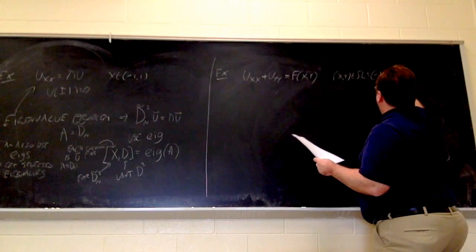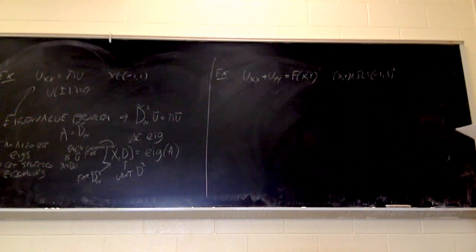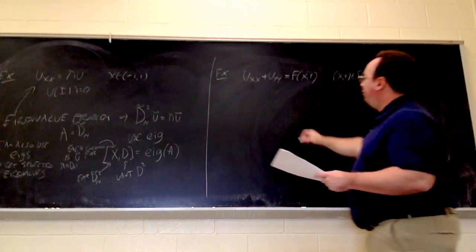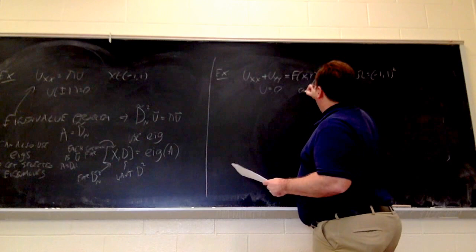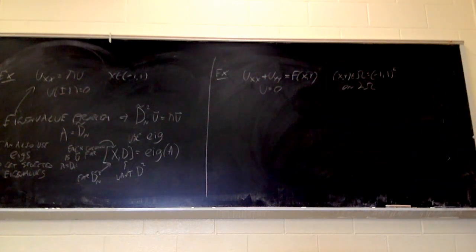So the domain is the square minus 1 to 1 squared, and then homogeneous Dirichlet boundary conditions: u is equal to 0 on the boundary. I have a strange choice of function here, but for this discussion, it doesn't really matter what f is.